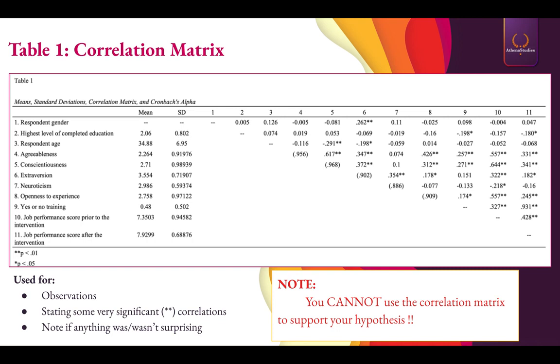So even if you see that extroversion has a positive relationship with job performance or something like that, you cannot say, oh, well, since one of the big 5 personality traits had a positive correlation with job performance, that supports your hypothesis. You cannot use the correlations to actually show that extroversion is accounting for the job performance measures. So just use the correlation matrix for your basic observations and for descriptive statistics.